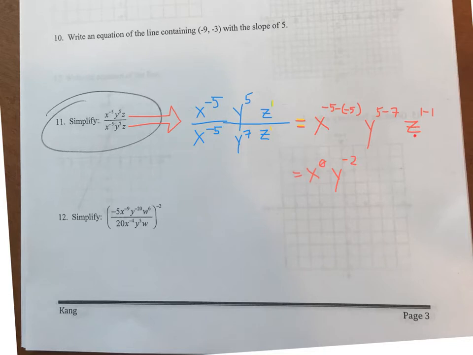Over here, we have z to the 0. Now, as my student knows, x to the 0 is just 1, z to the 0 is just 1. So at the end of the day, we really just kind of have y to the -2. And we know that that could hypothetically be rewritten as that, 1 over y squared.